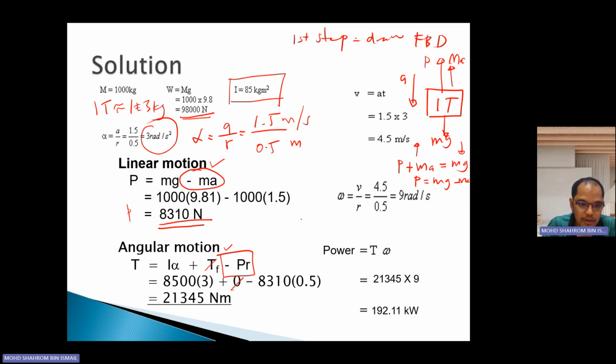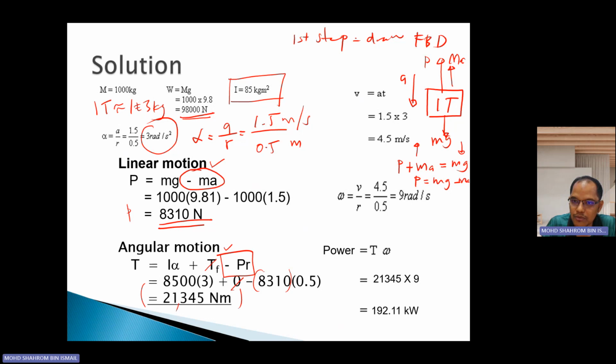P is 8,310, multiplied with R. R is the radius of the flywheel. Since the diameter of the flywheel is 1 meter, 1 meter divided by 2 is 0.5 meter. From this case, you get the torque to be 21,345 Newton meter.